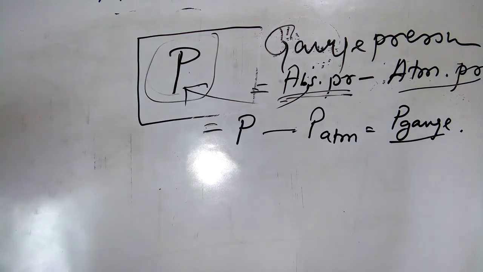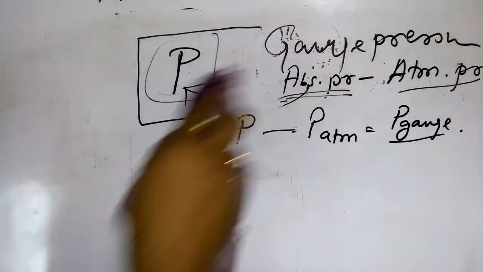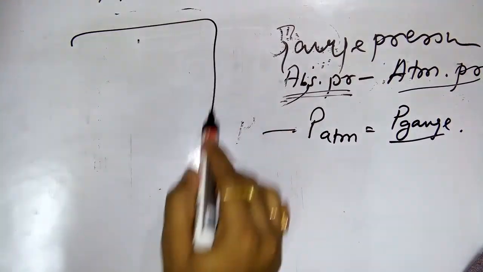This gauge pressure is defined like this because we want to know how much our pressure is more than the atmospheric pressure. Suppose this is my system.